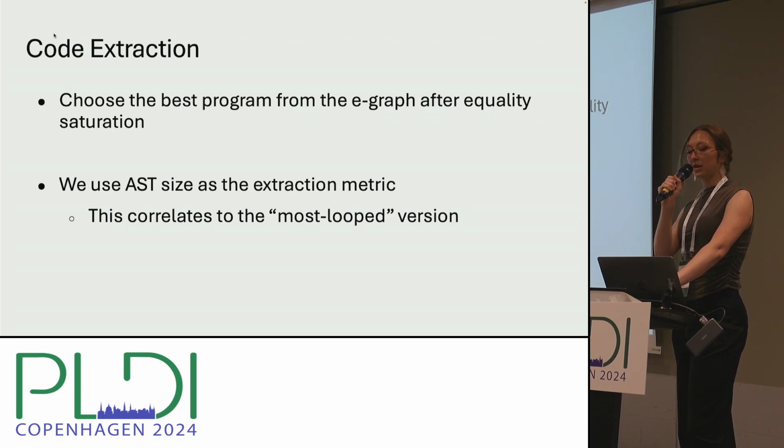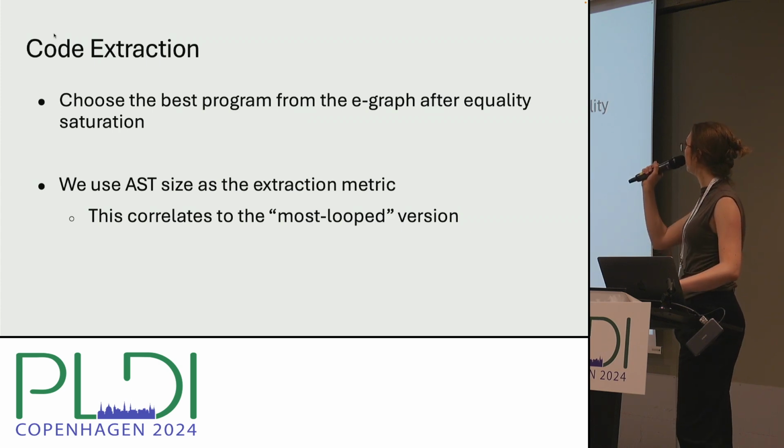Okay, and then next, finally, we need to extract the final loop structure from this example. So currently we use AST size as the extraction metric because that correlates with the most loop version of the code. Of course, I think ideally we could have, well, we'll go into the future work later, but having an HLS-based cost model would be ideal here.